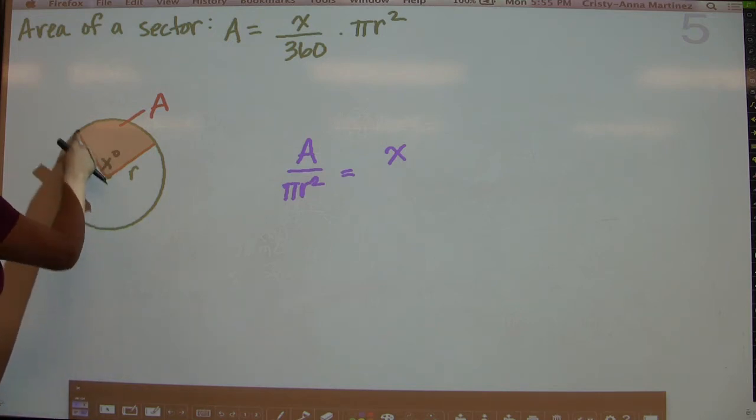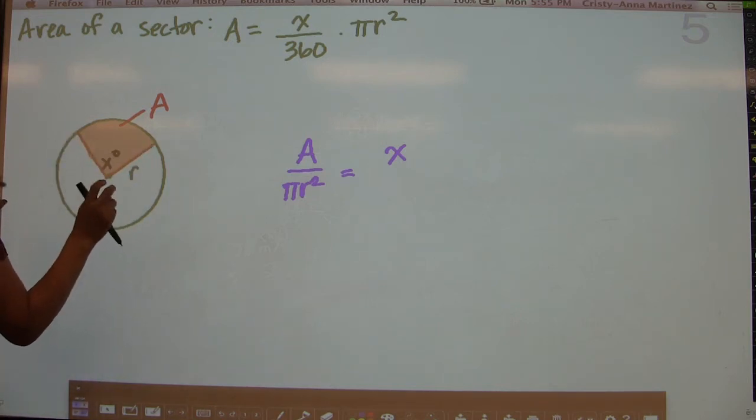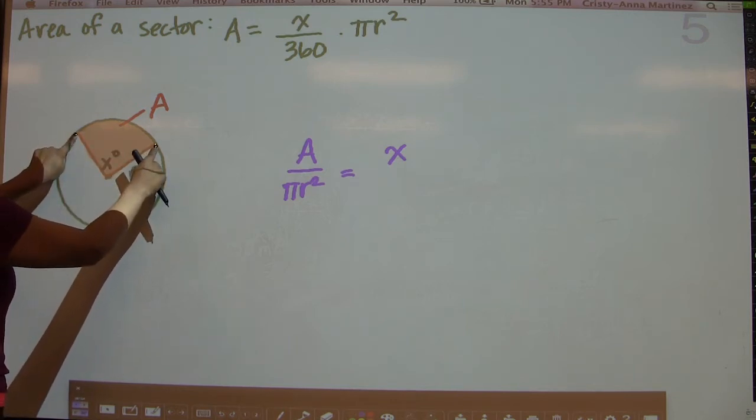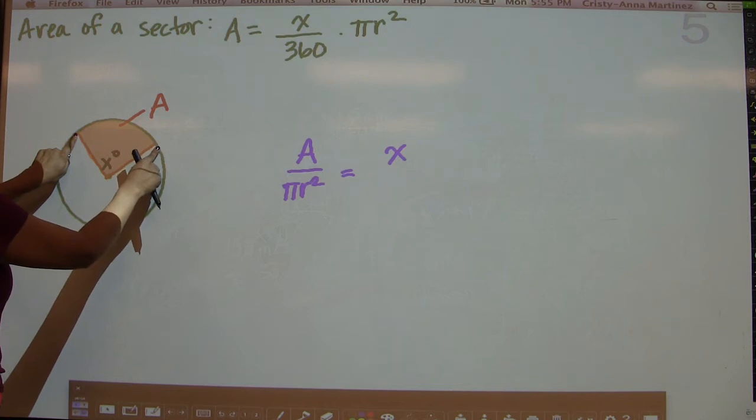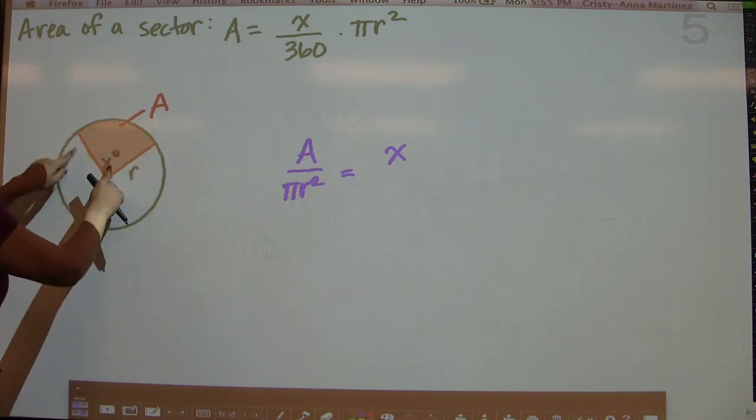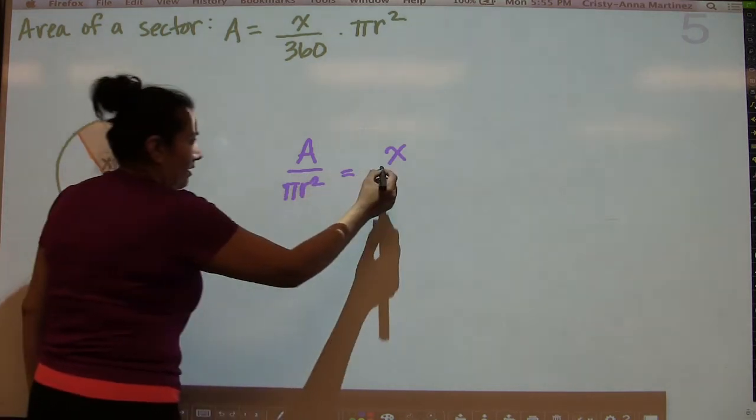When you have this sector, it's intercepting the circle in these two spots. This is what we call the arc right here, and this is what they're referring to when they say intercepted arc. The degree measure of this arc is what the x value is, so we put that there.